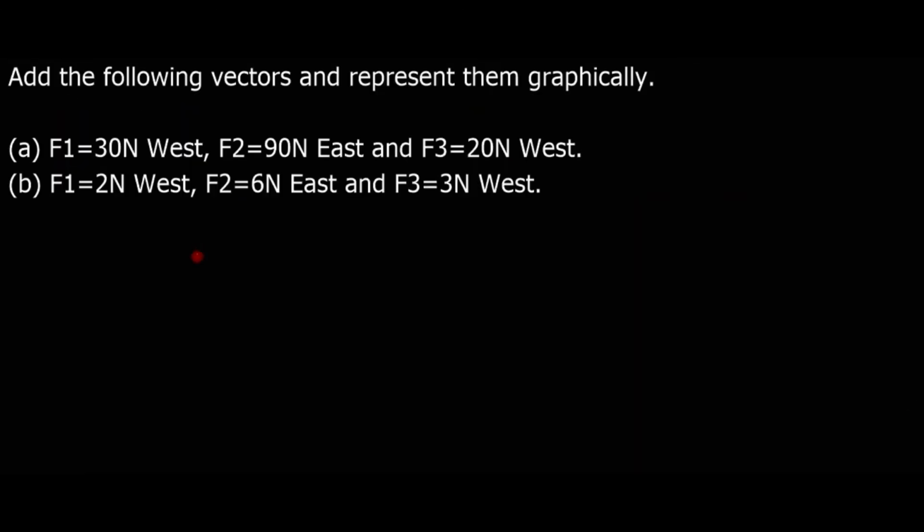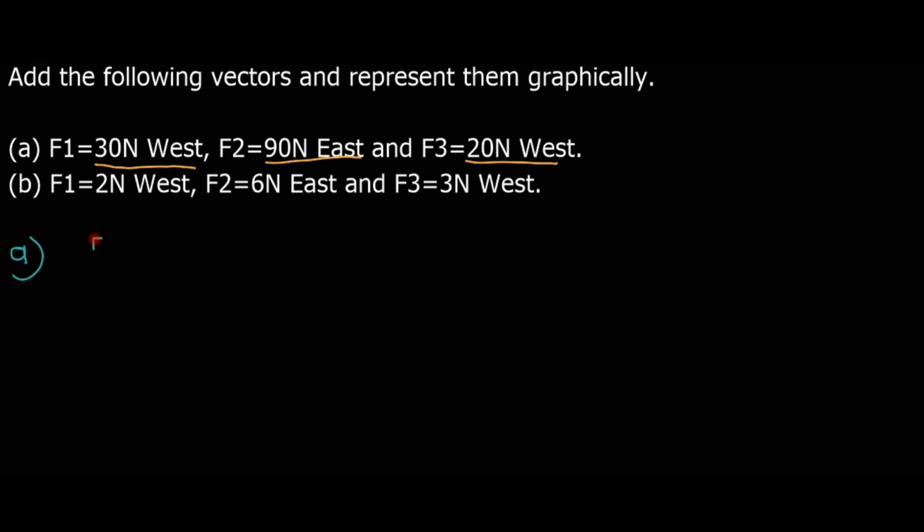And then now this question: add the following vectors and represent them graphically. We start with part A, and then when you look, in this case we have three forces. We have F1 west, west is negative, east is positive, and then west is negative.